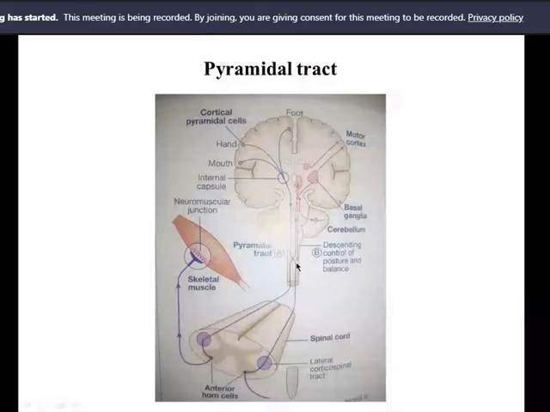And the motor neurons originating from the brainstem, like your cranial nerves, and the spinal nerves, the spinal motor neurons, or the motor neurons coming out from the brainstem, the cranial motor neurons, they are all lower motor neurons. Am I clear? Should I proceed?